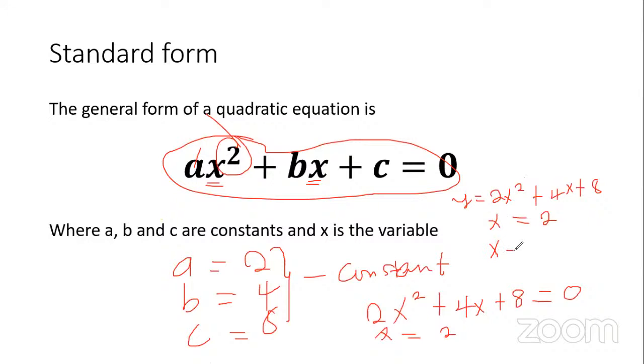So if we substituted x equaling to 3, shall we still get the same value? Shall we still get 24? If we substituted x equaling to 3, shall we still get the same answer?